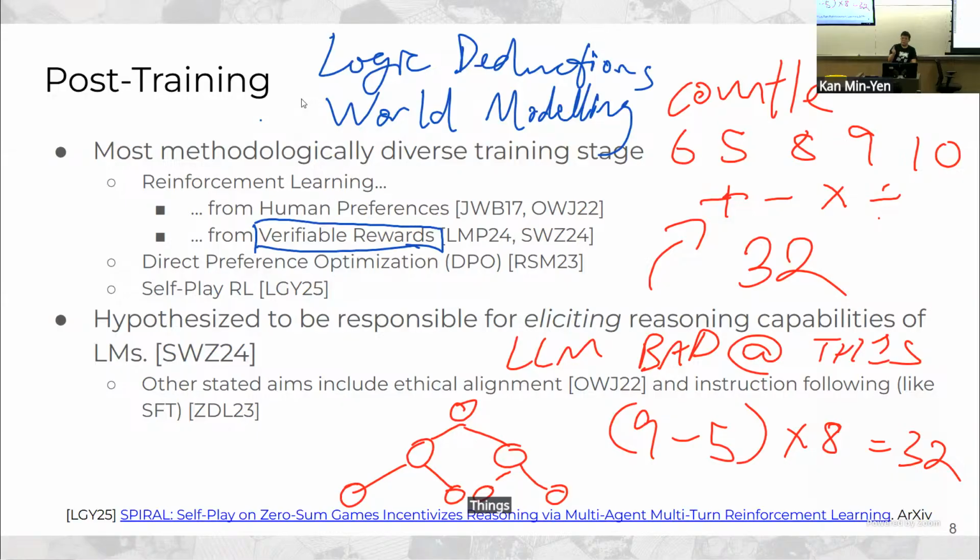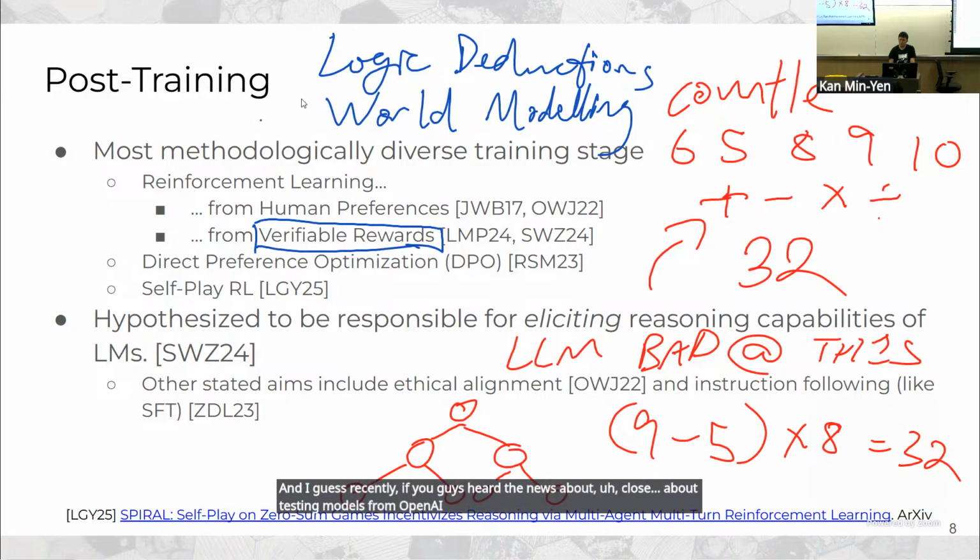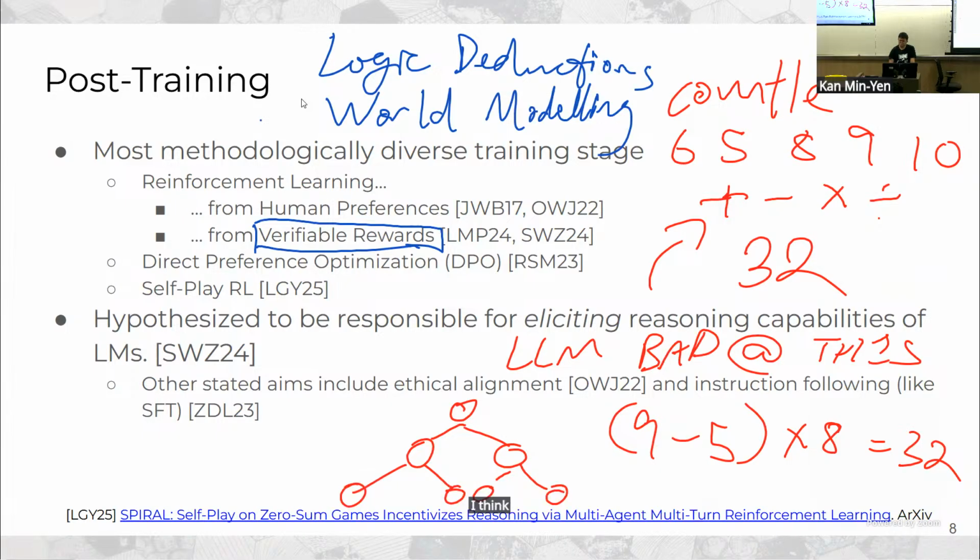Things like mathematics, things like Sudoku. And I guess recently, you may have heard the news about testing models from OpenAI and, I don't remember who else, I think Google DeepMind. They attempted this year's IMO contest, and both models got gold medals. So it's that kind of thing that really surprised people about such a seemingly simple thing, right? So it's really simple but effective.